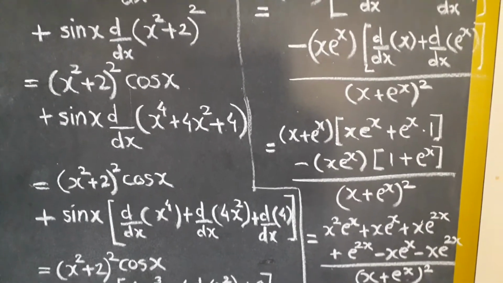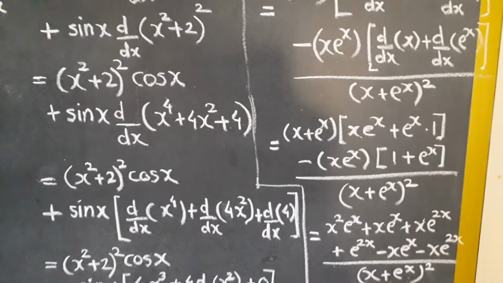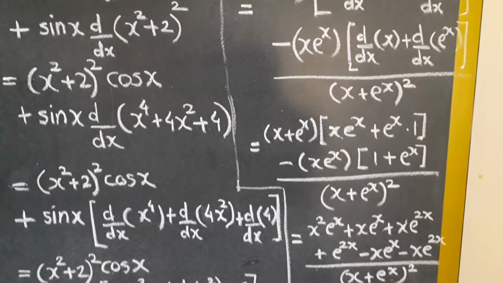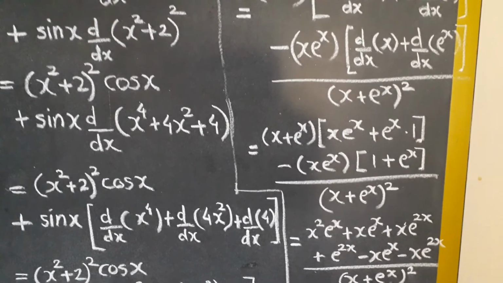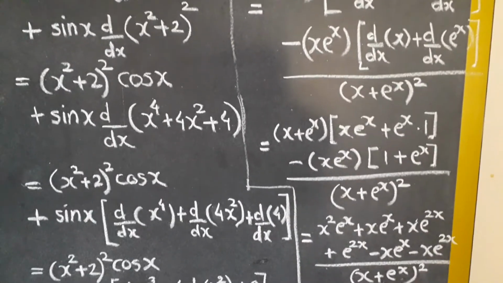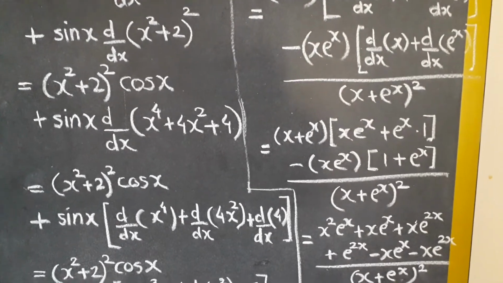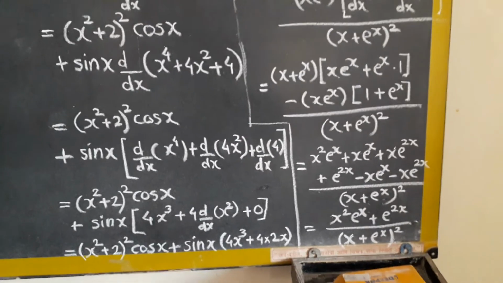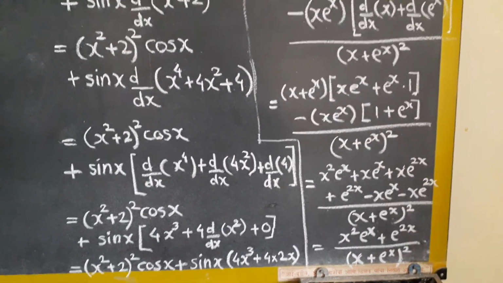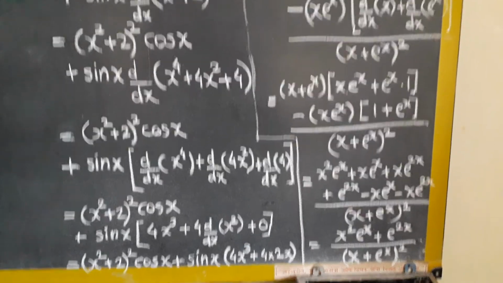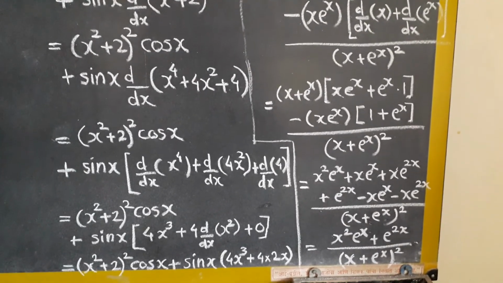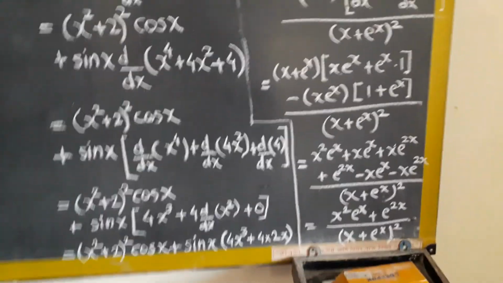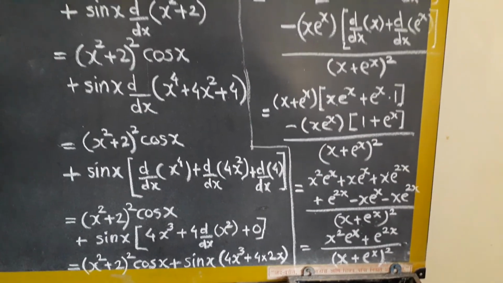So we will get two terms with a minus sign, and when we see that, the x e raised to x gets cancelled, x e raised to 2x also gets cancelled, and only two terms are remaining in the numerator. Hence the final answer we are getting is (x square e raised to x plus e raised to 2x) the whole thing upon (x plus e raised to x) the whole square, and that's it.